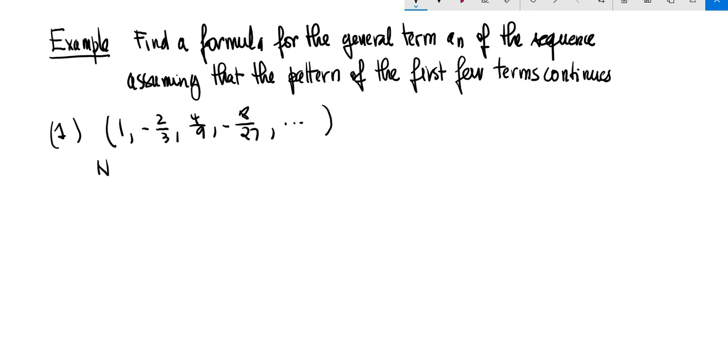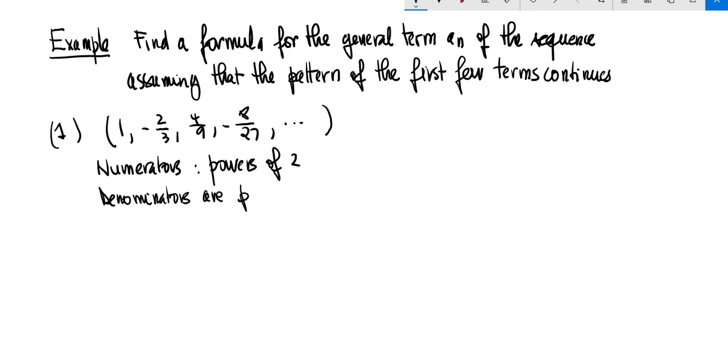You can see that the numerators are powers of 2, and the denominators are powers of 3.